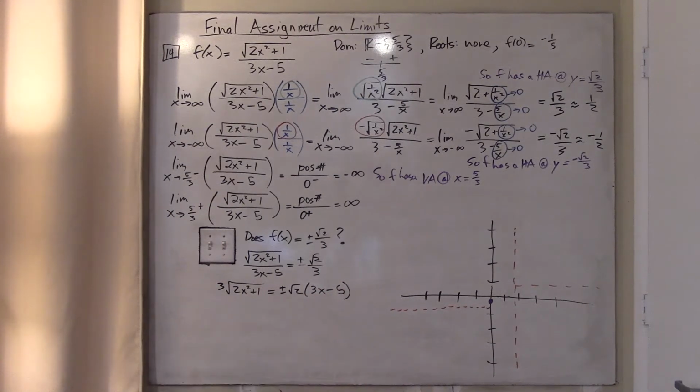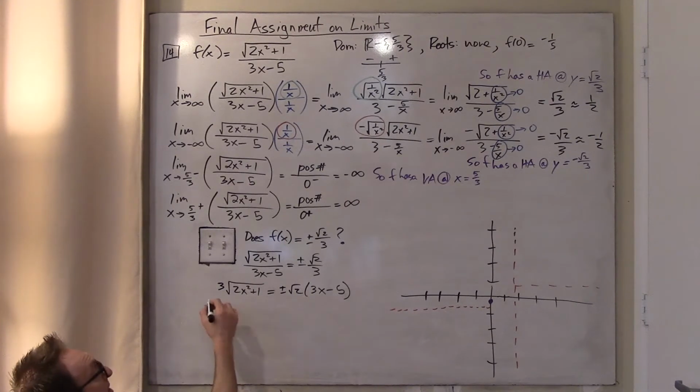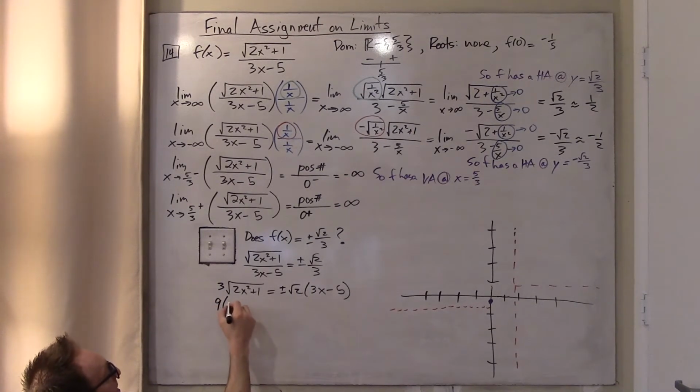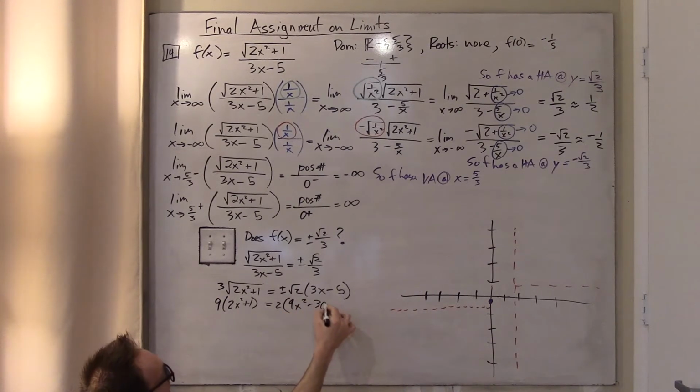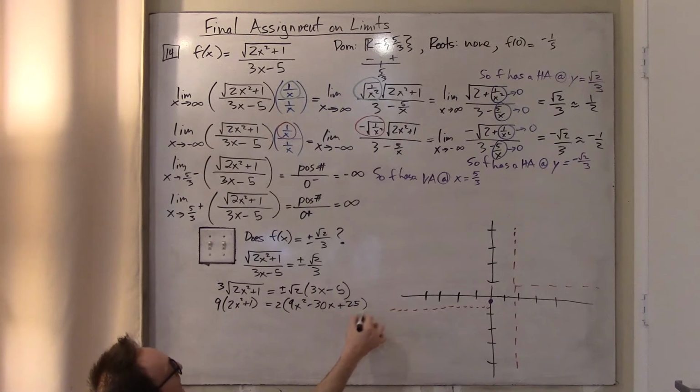And then now I just have a little algebra problem. How do I solve this? Well, I'll just square both sides. And I get 9 times 2x squared plus 1 equals 2, and then this is 9x squared minus 30x plus 25.